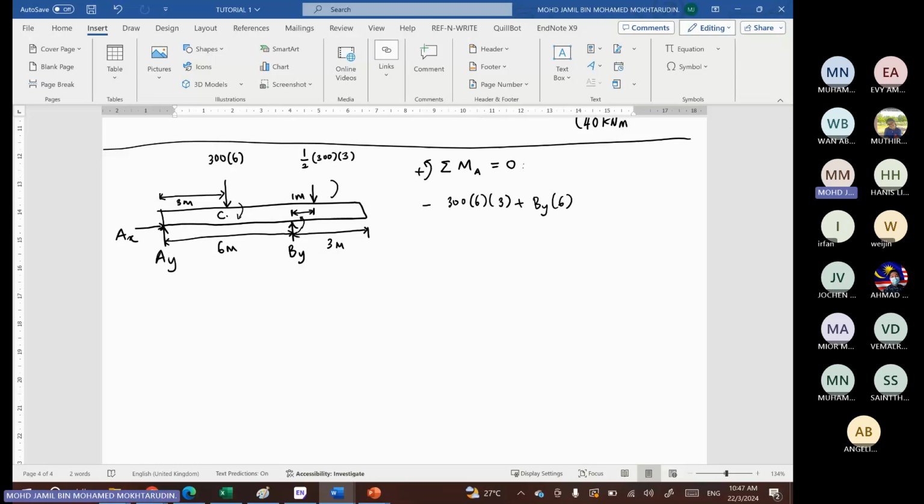So it will be clockwise. Okay, so that's all the moment at point A. Then we can determine By.